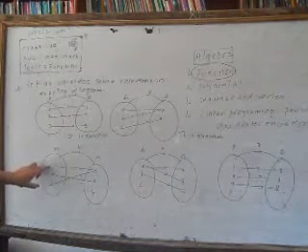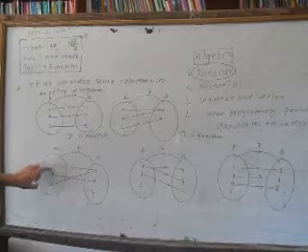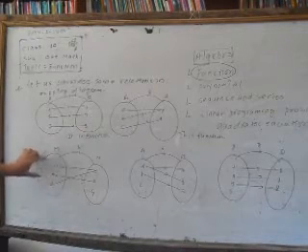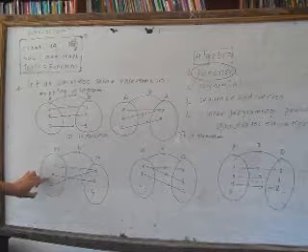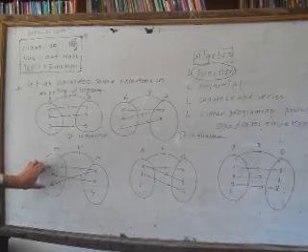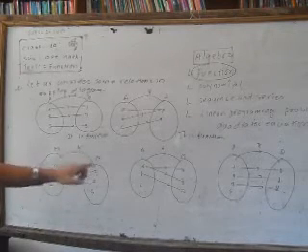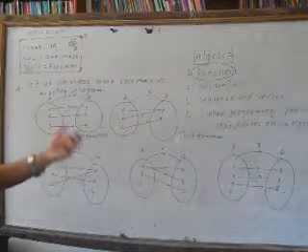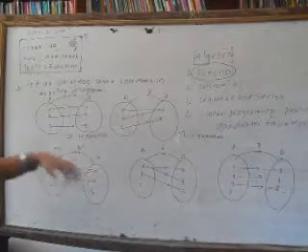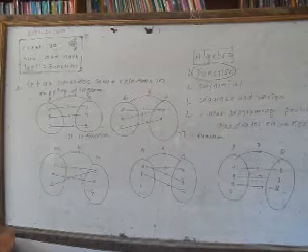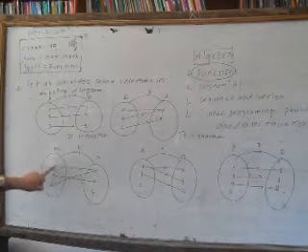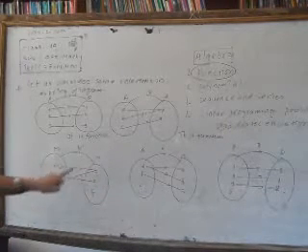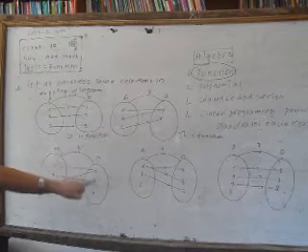Now go to the third mapping diagram. Here each element of the first set maps with a unique element of the second set, that is, with a single element of the second set. Here minus 1 maps with 1, 1 maps with 1, 0 maps with 0.